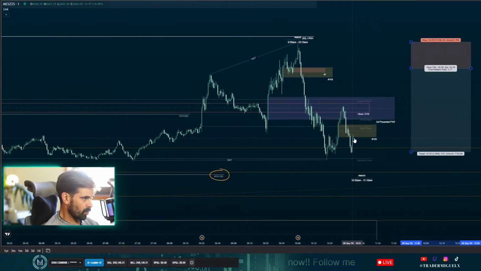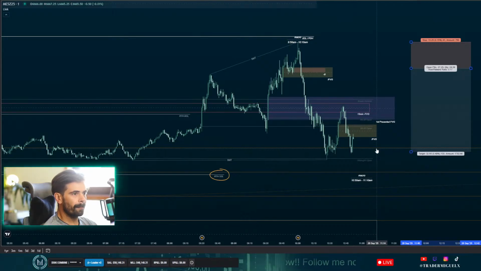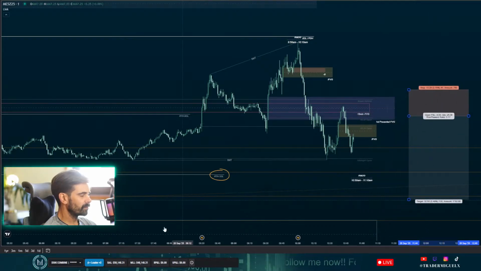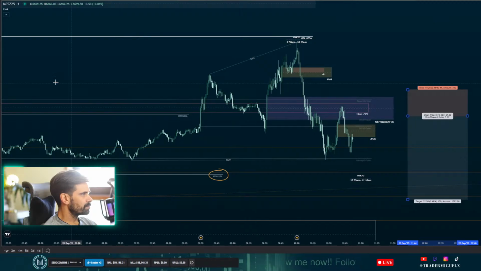I think I will hold here a little bit because I have a feeling that we will move a little bit higher just to take out this one and then displace once again. I'm not quite sure. A nice rejection here.